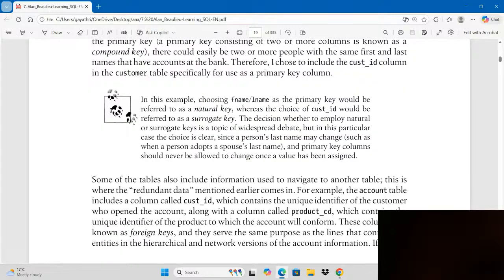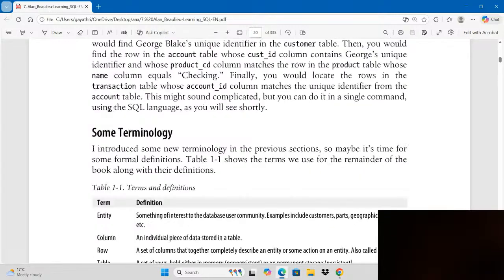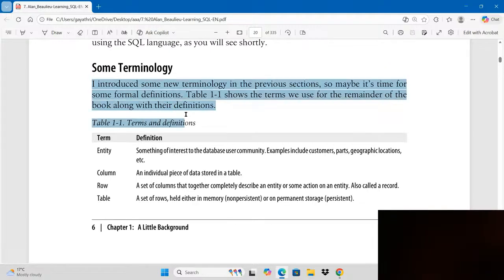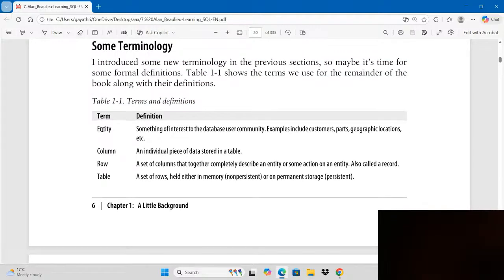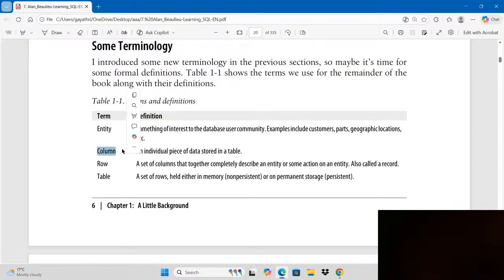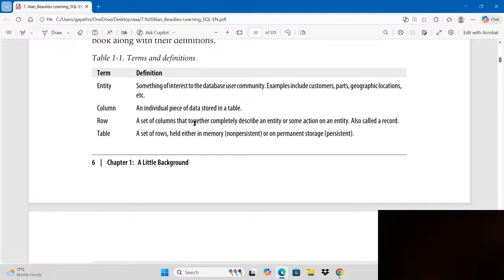Let's skip it. We all know the SQL thing. Terminologies used in SQL are entity, which is like a table name, and column, each column present in the table.